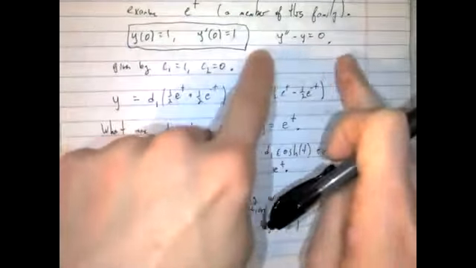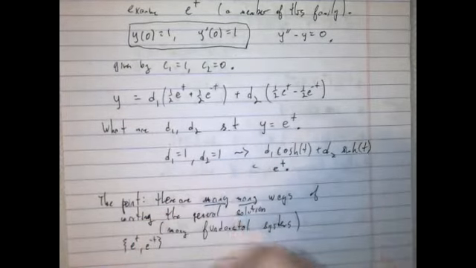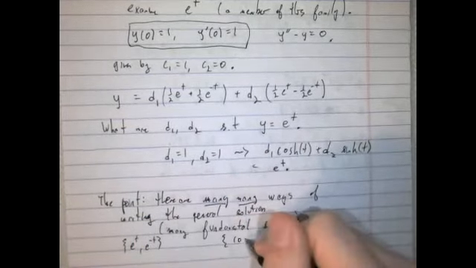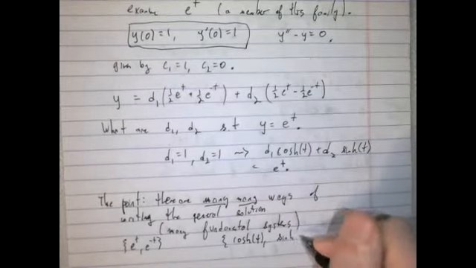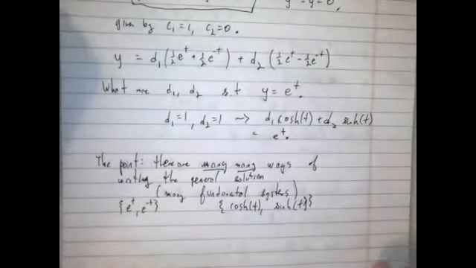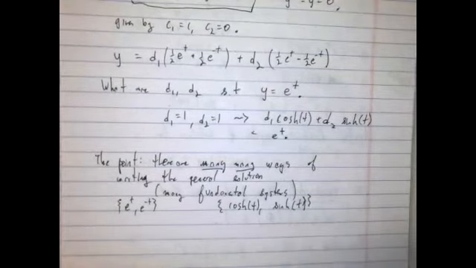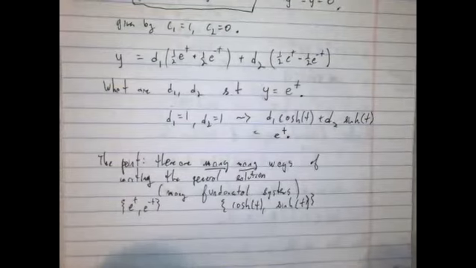That is, for this differential equation, one fundamental system is e to the t, e to the negative t, and another different fundamental system is cosh of t, sinh of t. Is that clear? Any questions? No questions at all? This is totally fine? Yeah, makes sense. Okay, cool.